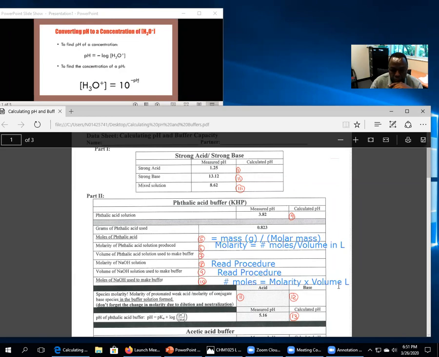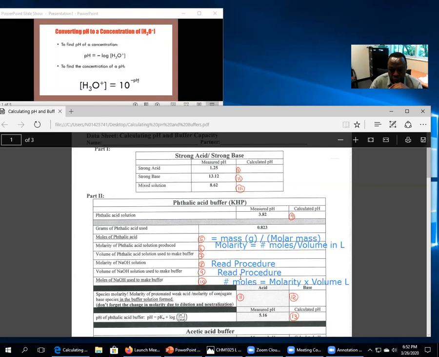Now, think of what happens when you add NaOH into the solution.